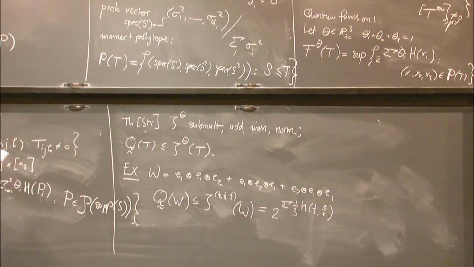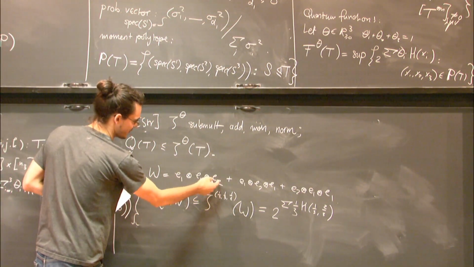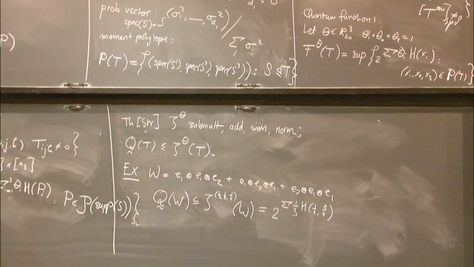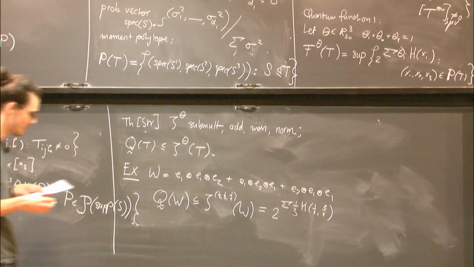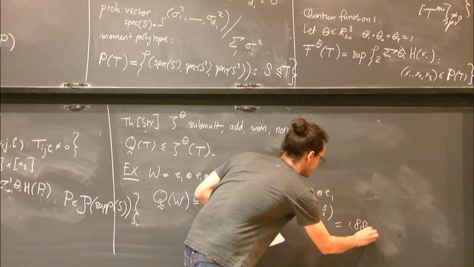You have to look at the marginals, and they will turn out to be 1/3, 2/3, because it's 1/3 of 2s and 2/3 of 1s in each term. That's how it happens. And this will give you 1.88.